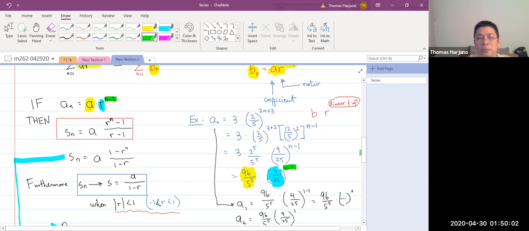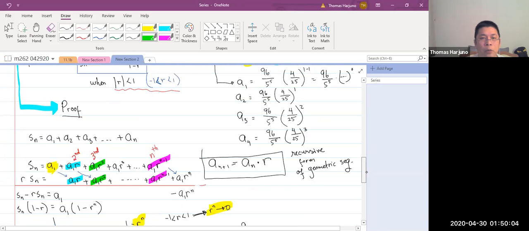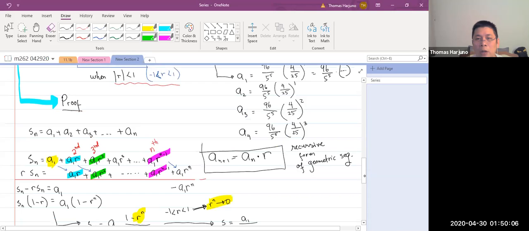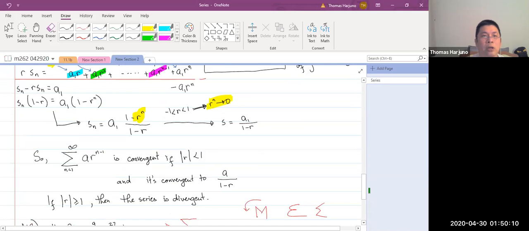Now I have the proof here, which you can see in the book, how we prove that. This is the consequence. You can call this the summary for geometric series.